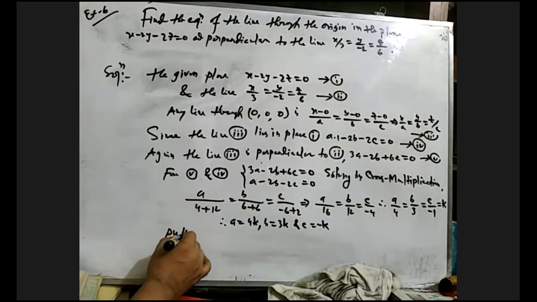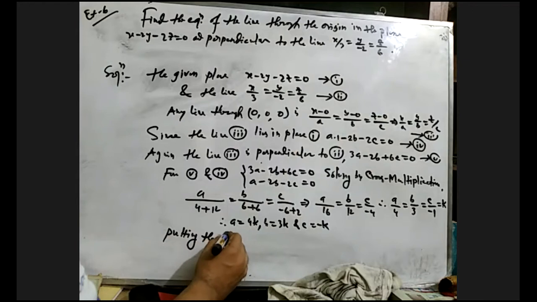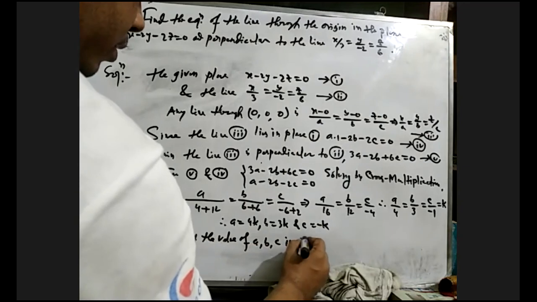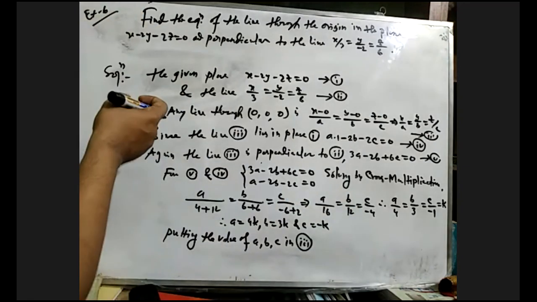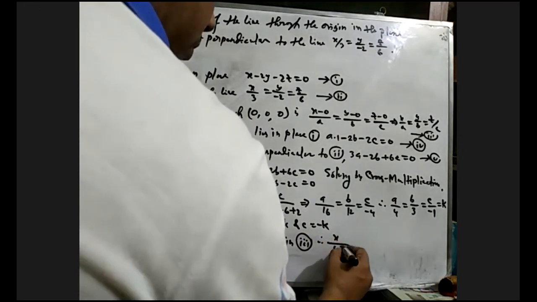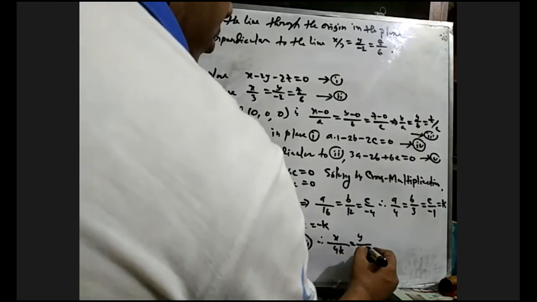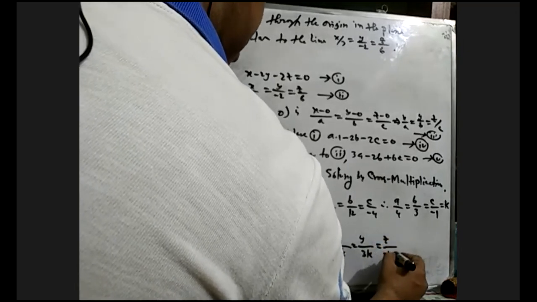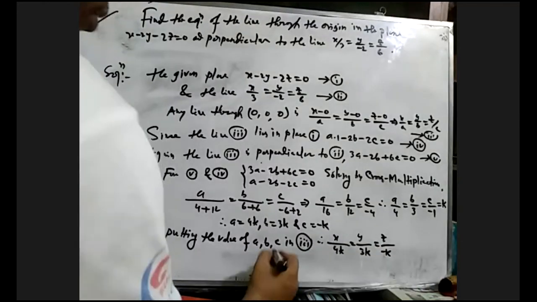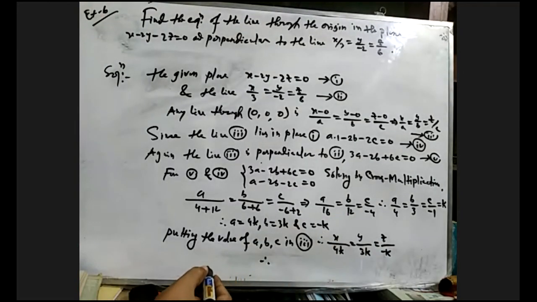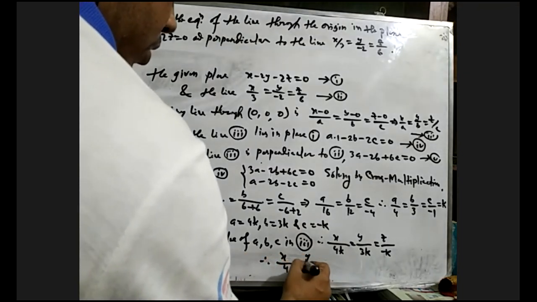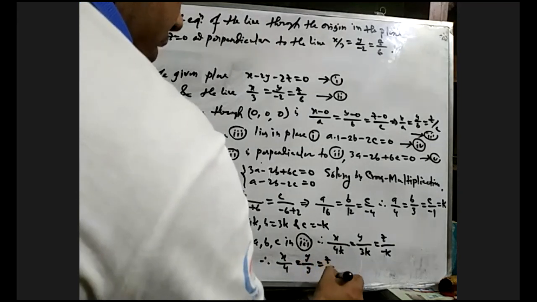Putting the values of A, B, C in equation 3, then we get the required line. Therefore x divided by 4K, y divided by thrice K, and z equals minus K. Therefore dividing and multiplying by K on all sides, we get the required line: x by 4 equals y by 3 equals z divided by minus 1.